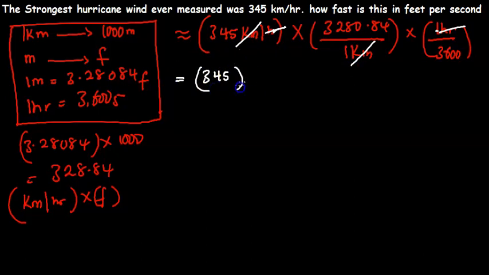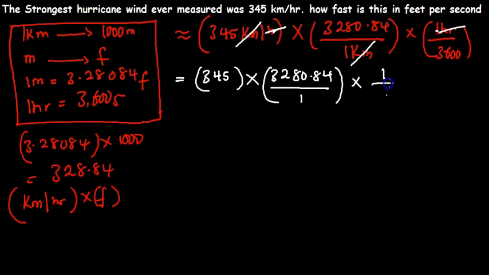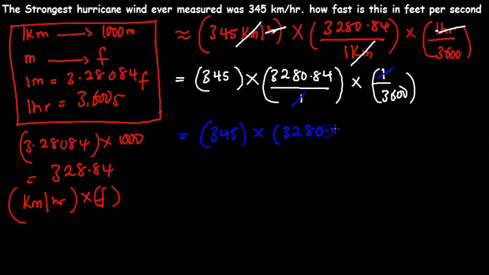345 multiplied by 3280.84 divided by 1, and we're going to multiply that by 1 divided by 3,600. 1 multiplied by 1, they will also cancel out. We're going to be left with 345 multiplied by 3280.84, then divided by 3,600.